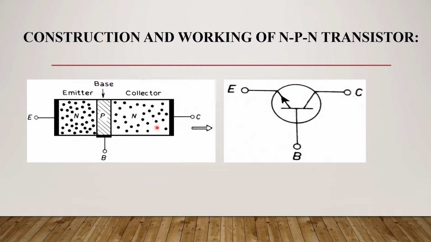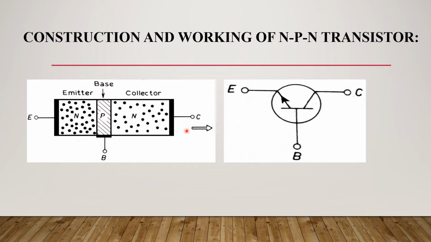This part you can observe is quite bigger as compared to the emitter, and the base is very small as compared to the emitter and the collector. See, this is the emitter, this is base and this is collector. These are the three terminals E, B, C.